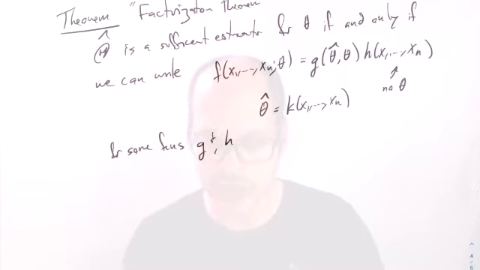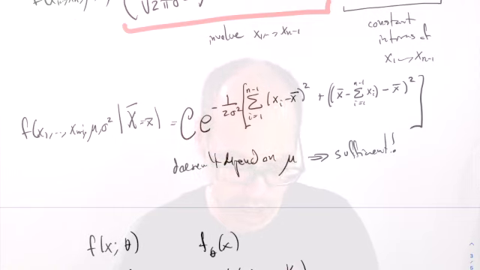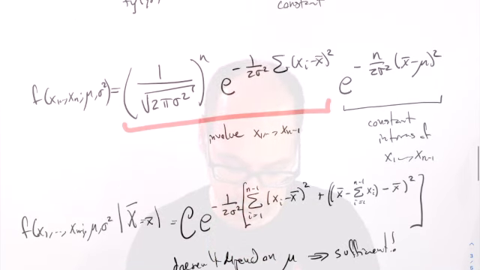Now, this is essentially what we did a moment ago when we wrote our distribution as something which involved our estimator and theta, times something which did not depend on the parameter that we're trying to estimate, theta, which happens to be mu.